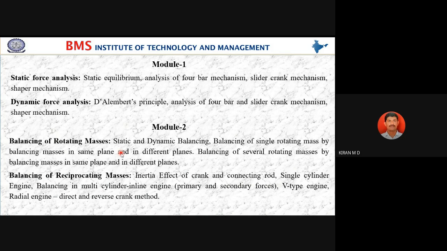Due to some reason, due to imbalance of weight, what will it cause? It causes vibration. It may not rotate uniformly. So we need to create another force to balance that force. That we are going to call balancing of rotating forces.